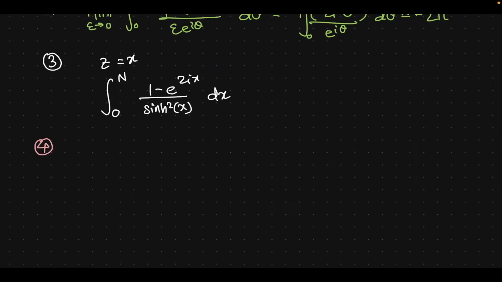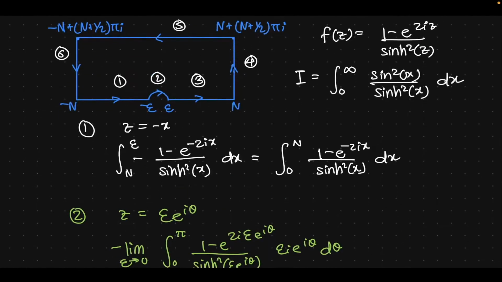So the parameterization likewise is not hard. Real part is fixed, n plus iy, dz is i dy, and the integration will go from 0 to n plus 1/2 pi, because that was the final height here.